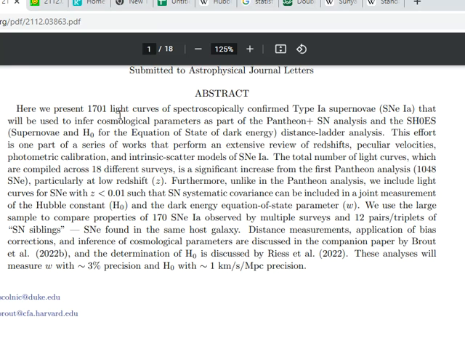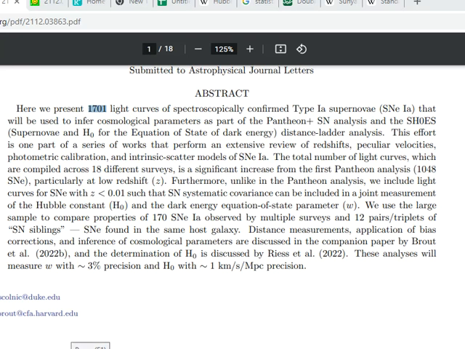So by dividing by the square root of 1701, they could take a standard deviation of 41.3 kilometers per second per megaparsec.